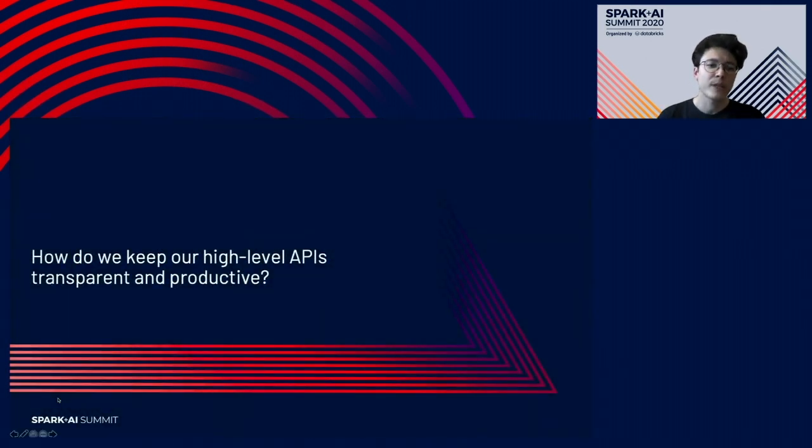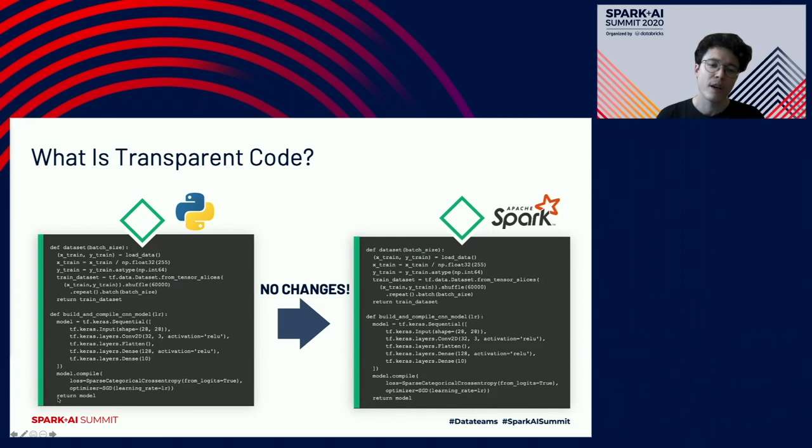So the question is, how do we keep these high-level APIs transparent and productive? As Jim has already said, what is actually transparent code? With transparent code, we mean that when you develop a model in pure, standard Python, we want to scale it out on Apache Spark or any other execution engine without having to make any changes to the core code of this model.